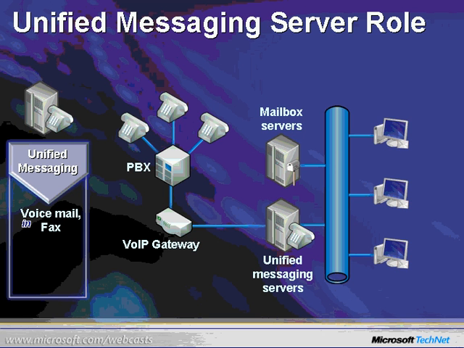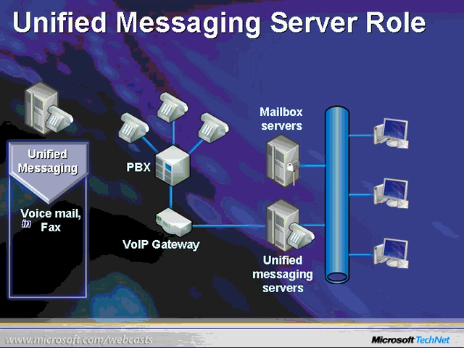If you leave me a voicemail, the unified messaging server takes that message, records it, does the encoding, and then the Hub Transport server will actually pick it up and deliver it to my mailbox. So in this slide, you don't see the Hub Transport server listed, but it does come into play because it must transfer the message from the unified messaging server when it comes in to my mailbox.